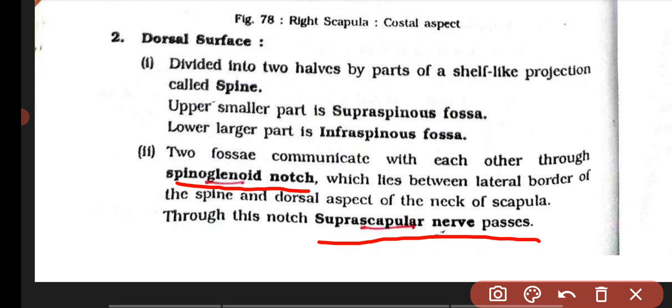You will see the spinoglenoid notch on the practical bone, which is difficult to see in the book. You will see it when you have the bone in your hand.